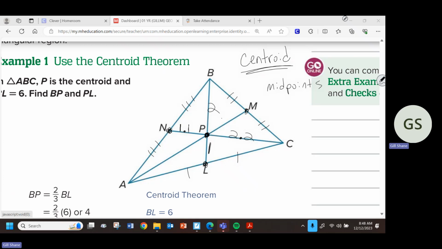So if this was 2, then that is 4. So again, the point splits every median into 2 segments, and they're not equal segments. One segment is twice as long as the other segment. So I'll color code it. That red line is 4. That blue line is the 2, and then that would be the way it would be for all the other points. The longest section, the red section for that line, is twice as long as the blue segment.